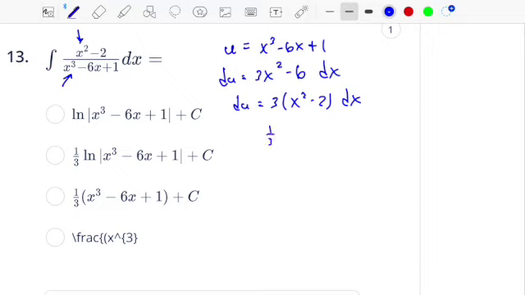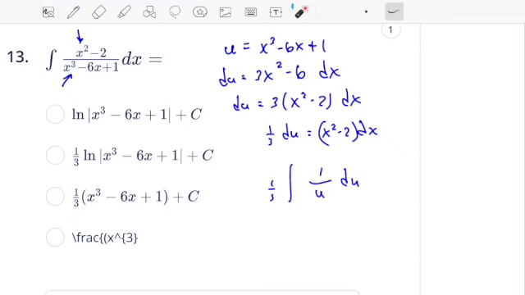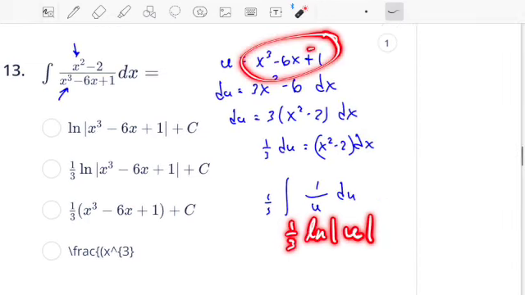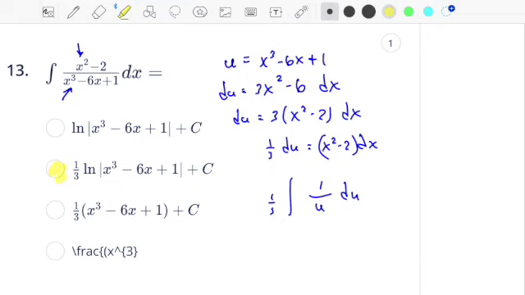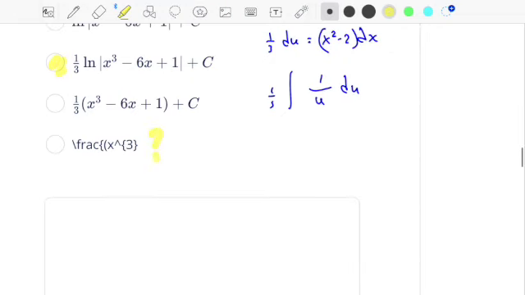So we've got 1/3 du is (x squared minus 2) dx. There's my sub. So we have 1/3 integral 1 over u du, and that's going to give us the natural log. So 1/3 natural log of u, and u is all that stuff.